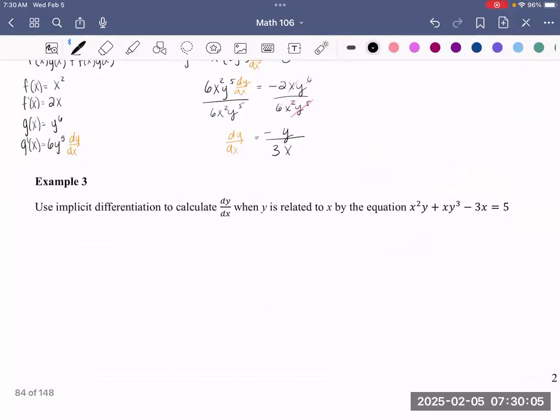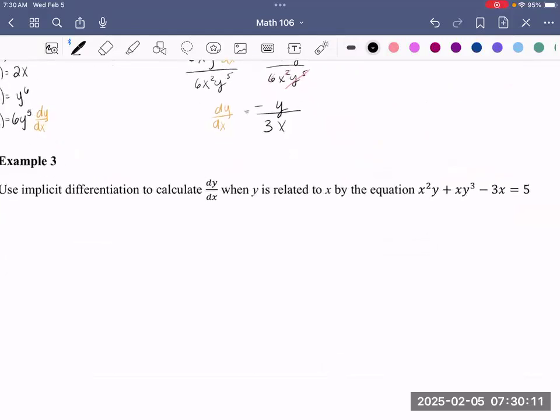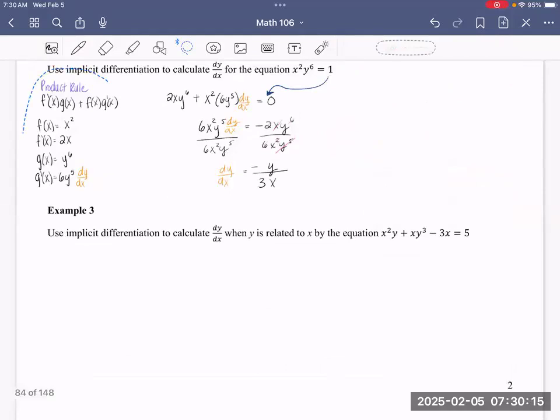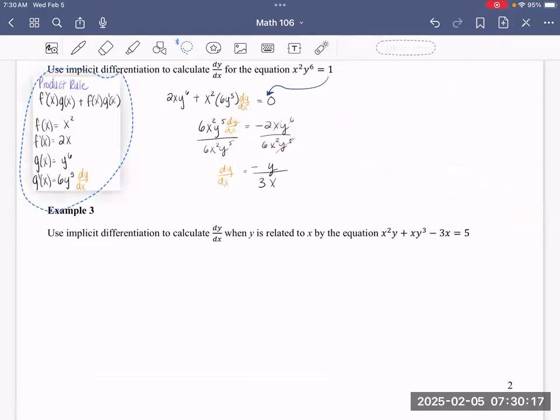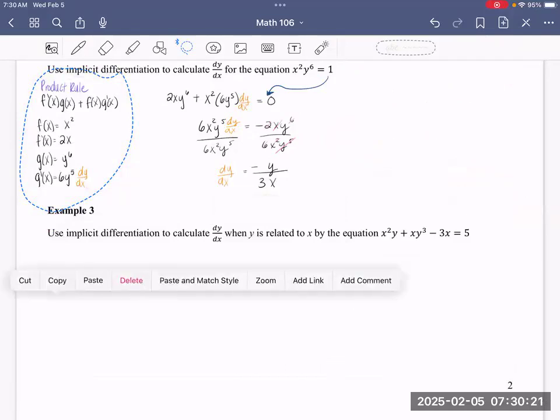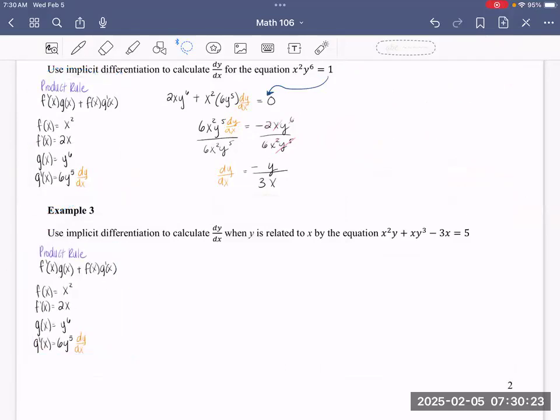So example 3, and if you didn't pause initially, definitely pause here to try it out. So here we have the power rule twice, so I'm going to write that down twice over here. Copy. Paste. I'm going to paste it one more time.